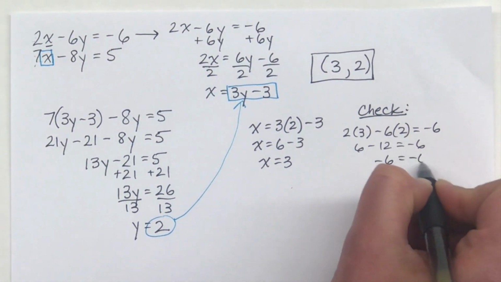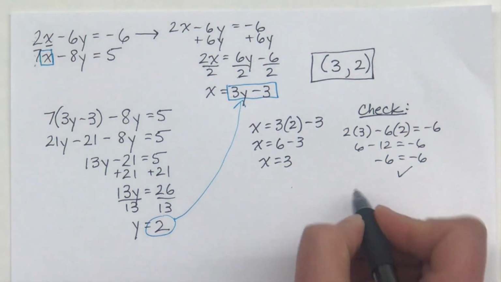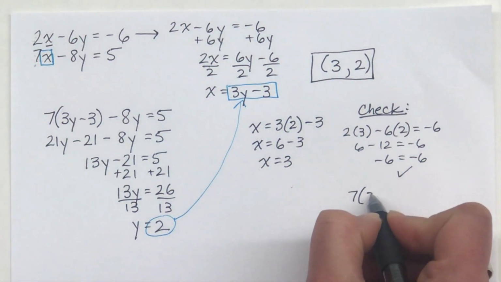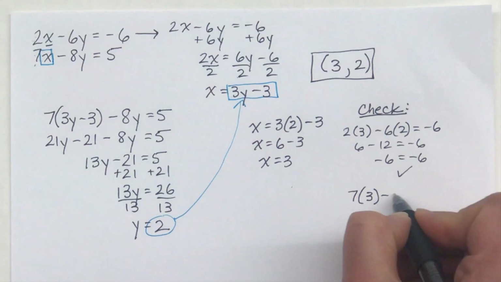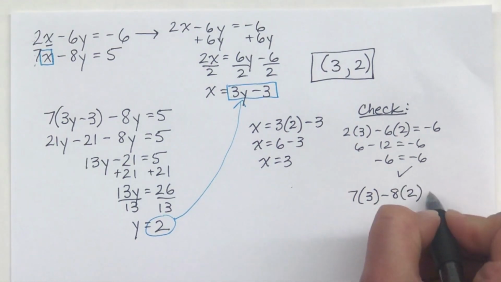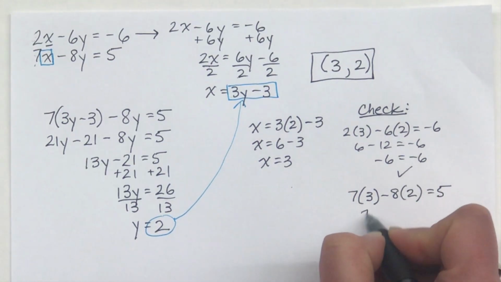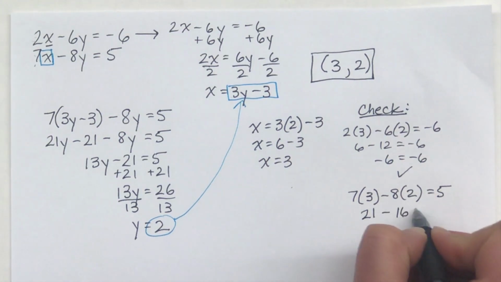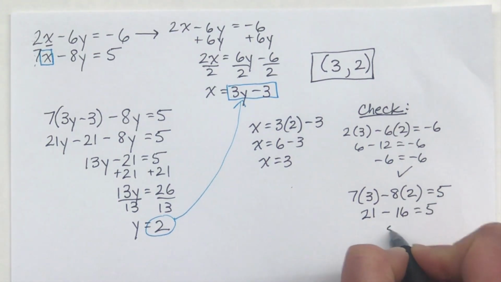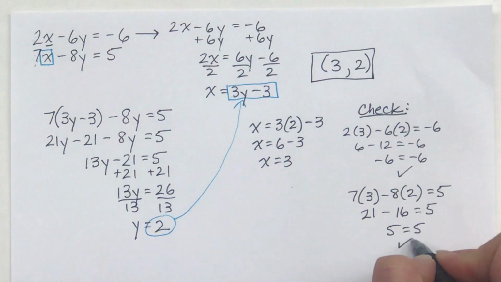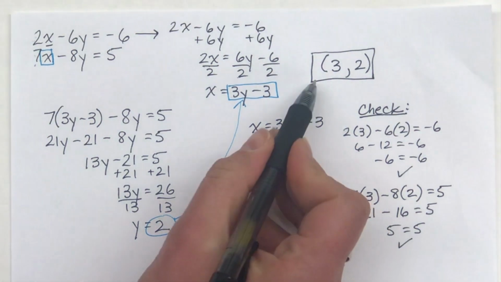Yes, we did it. Negative 6 is equal to negative 6. Second equation, 7 times 3 for x minus 8 times 2 for y is equal to 5. So 21 minus 16 is equal to 5. 5 equals 5. Again, hooray! We've done it. We found our correct solution.